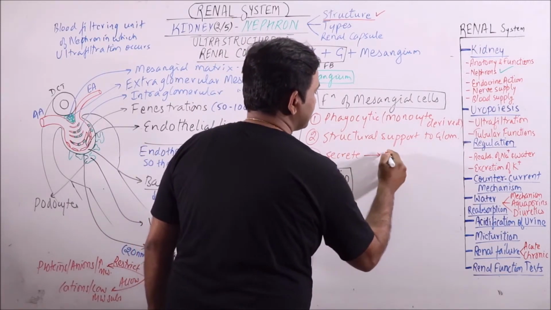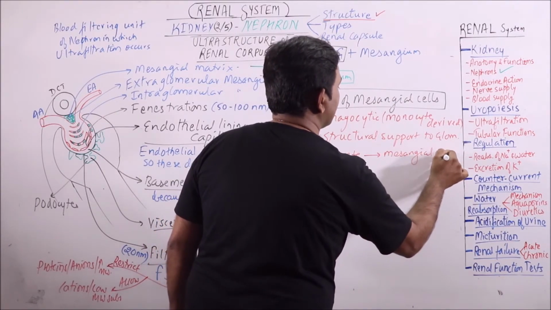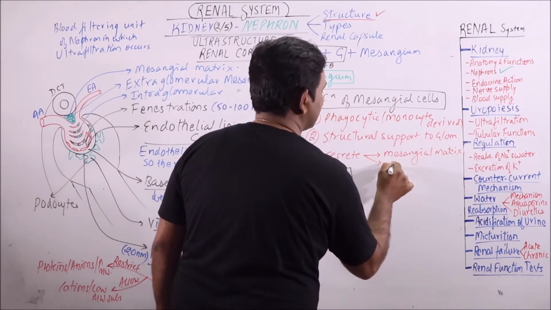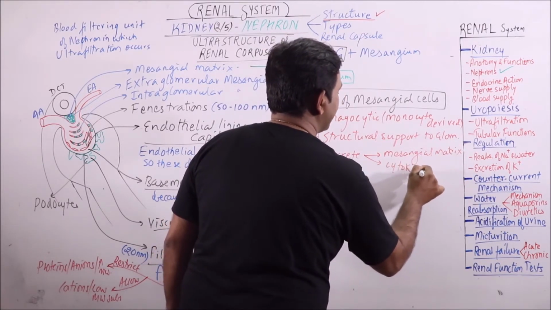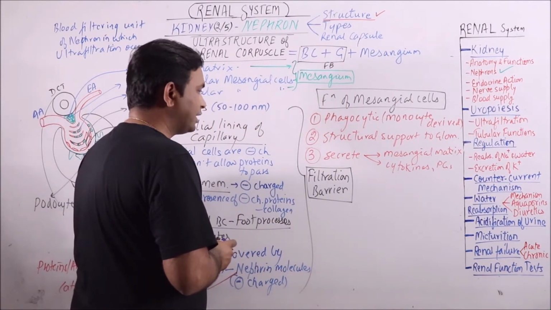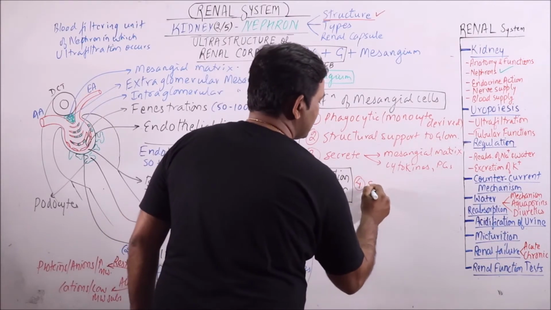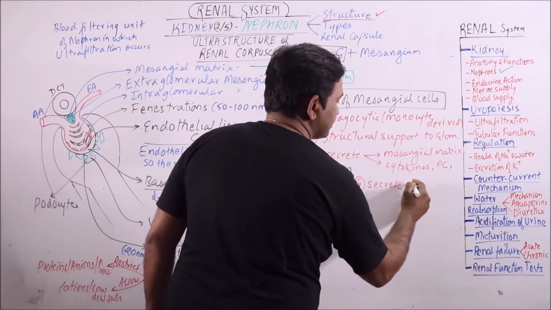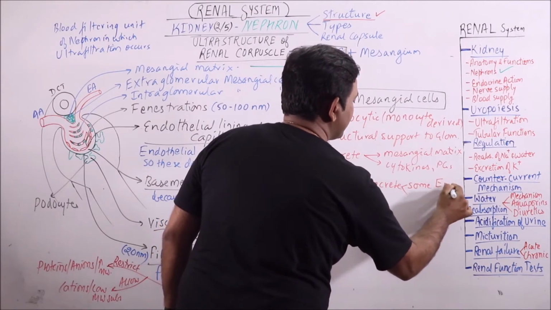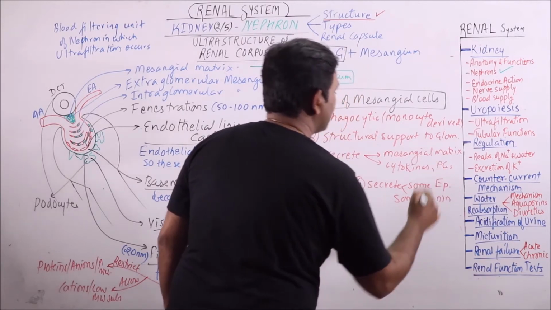Next, these secrete mesangial matrix, cytokines and even prostaglandins. Then these also secrete some erythropoietin and some renin.